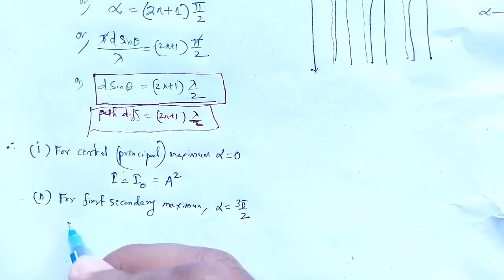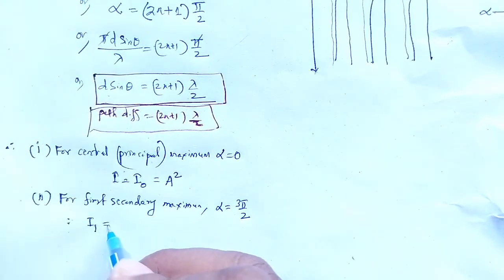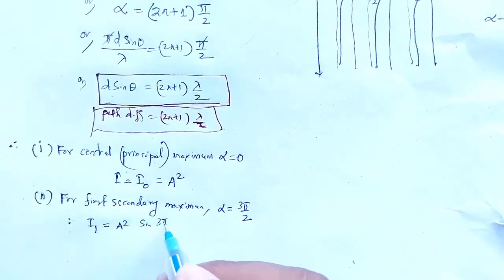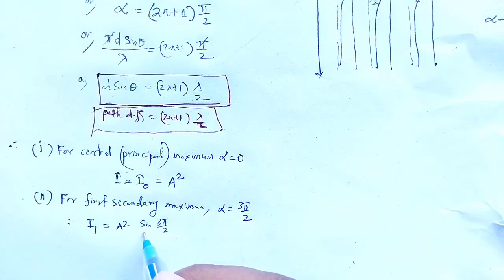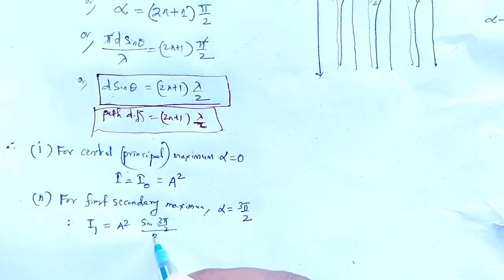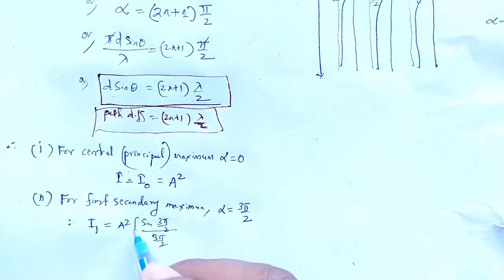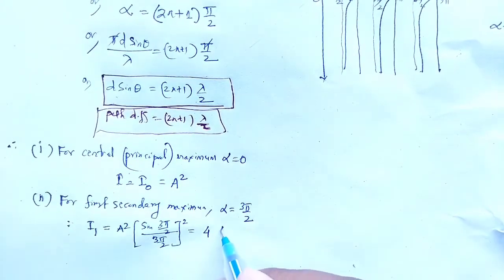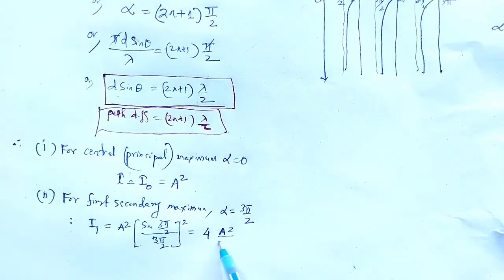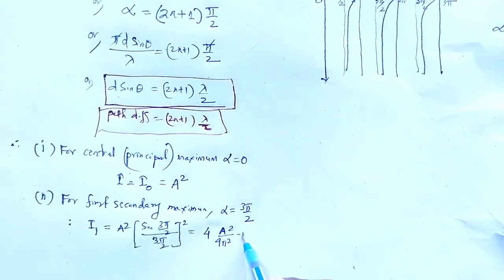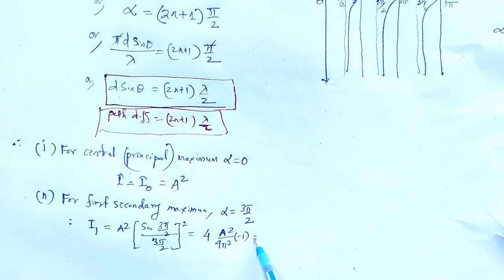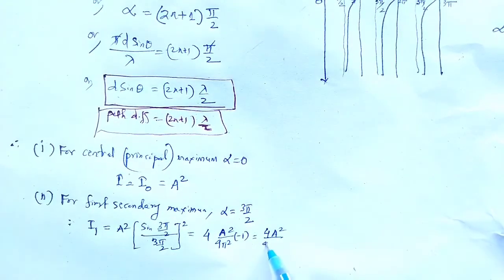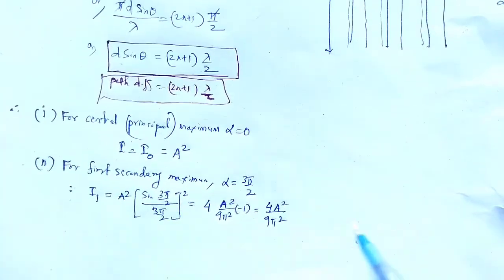So I1 is equal to a square times sin 3 pi by 2 divided by 3 pi by 2, whole square, which is equal to 4 a square divided by 9 pi square times minus 1 squared, which is equal to 4 a square divided by 9 pi square.